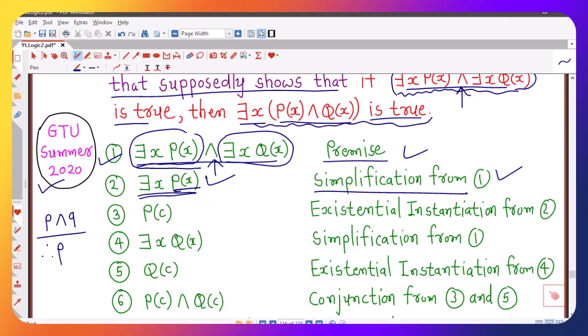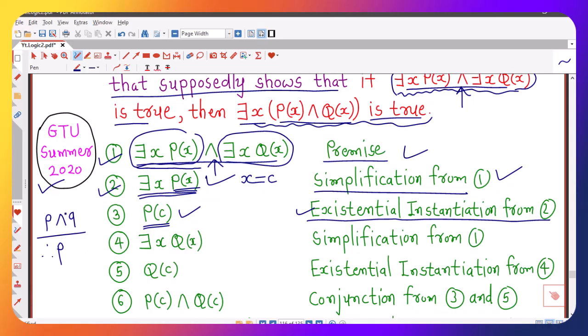After that, from this we can say that there is some x for which P(x) is true. That means there exists some value of x for which P(x) is true. Suppose that value is x equal to c, then we can write P(c). So we are using existential instantiation on statement 2, or existential instantiation from step 2.